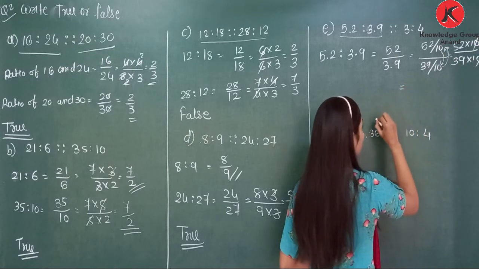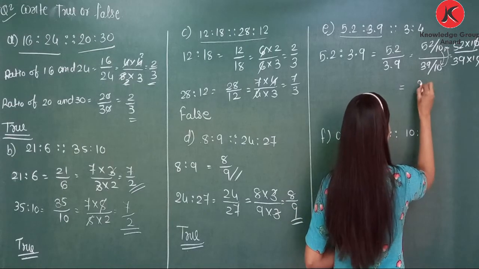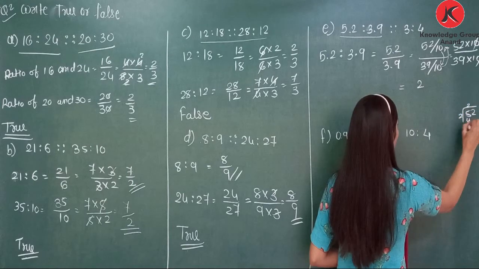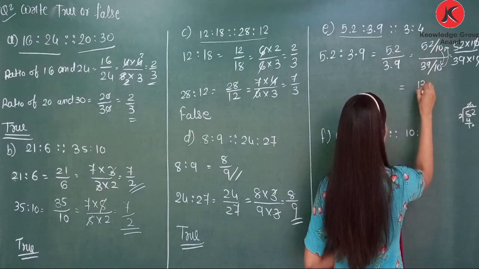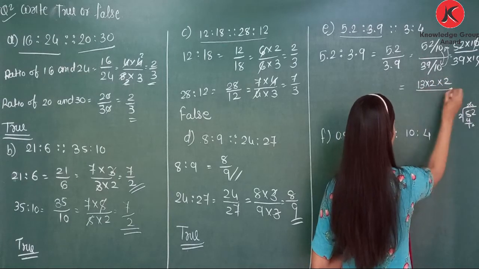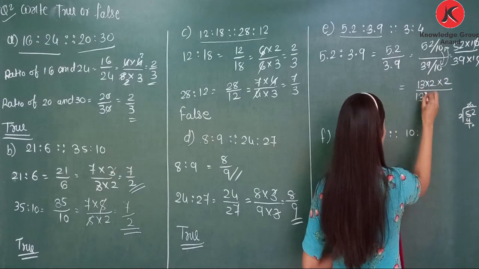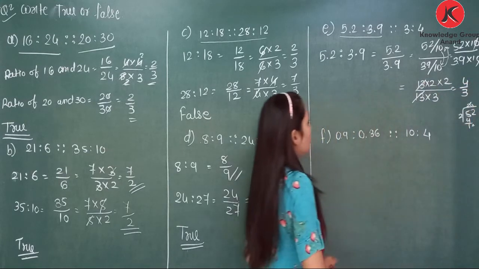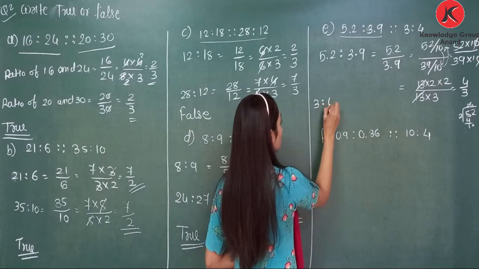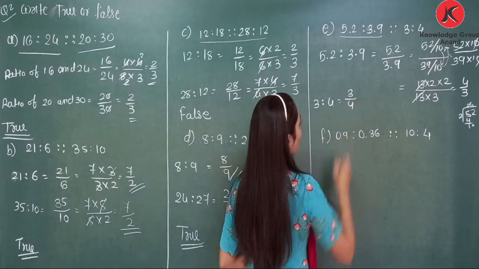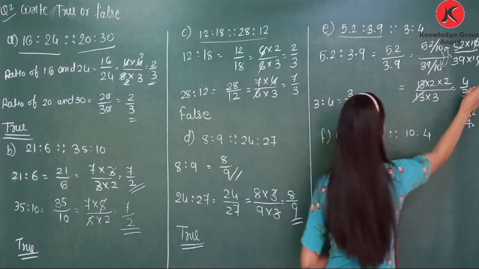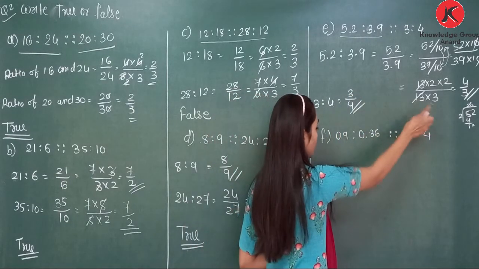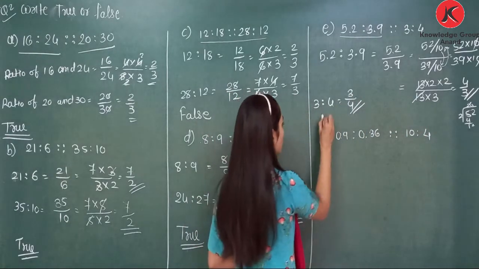Factor of 52: 13 2s are 26, 26 2s are 52, and here 39 can be written as 13 3s are 39. So cancel, this is 4 by 3. Now the ratio 4 is to 3, that is written as 3 by 4. Now 3 by 4 and 4 by 3 are not the same ratio, because here the numerator is 3, here the denominator is 3. So it is a false statement.